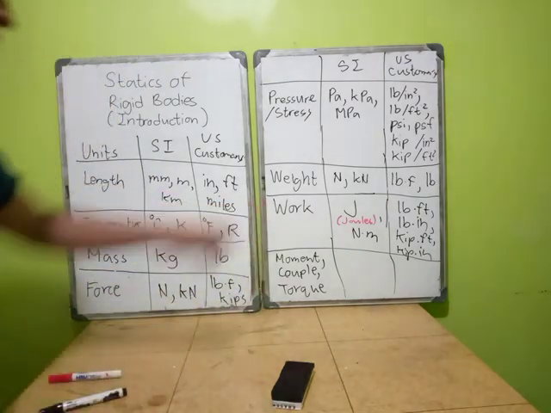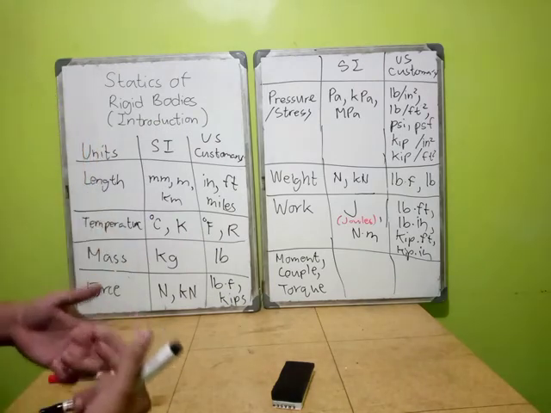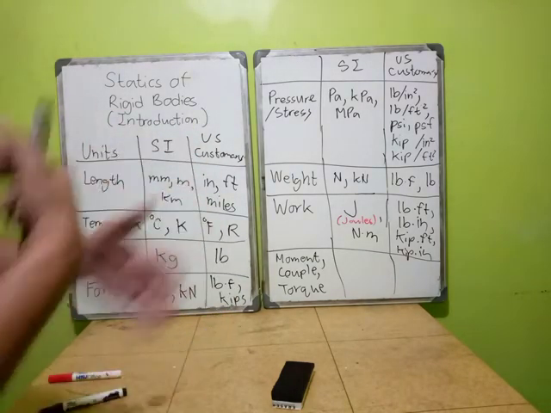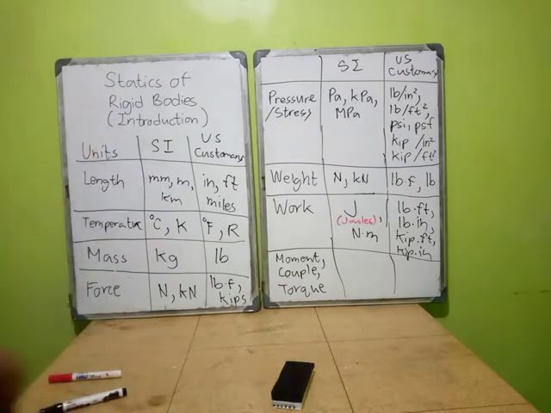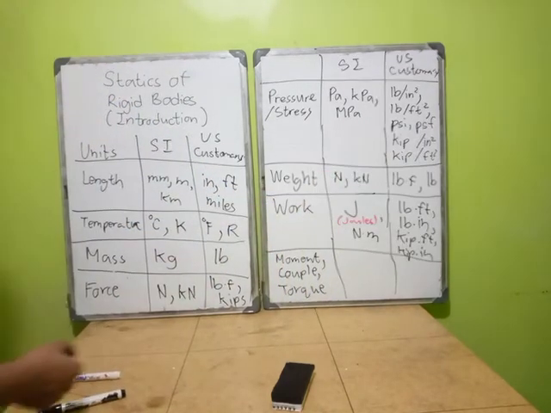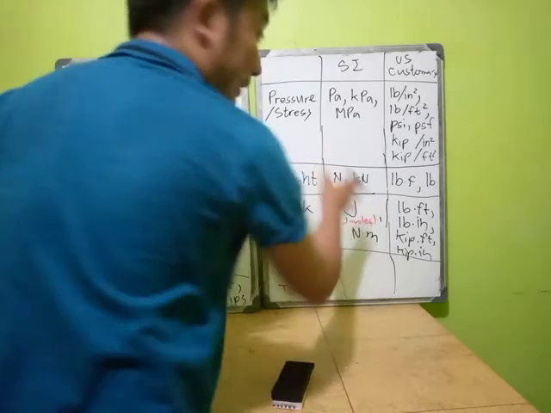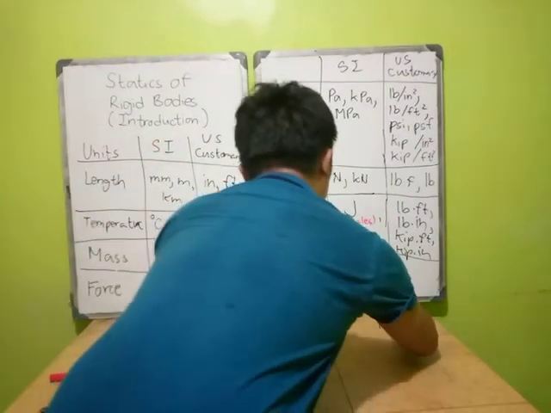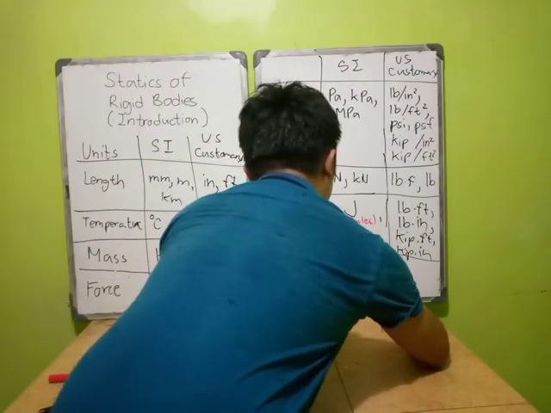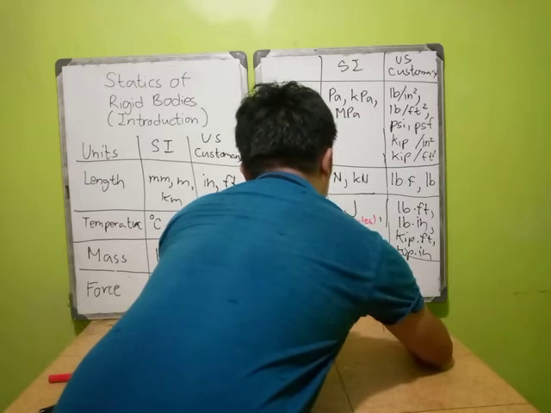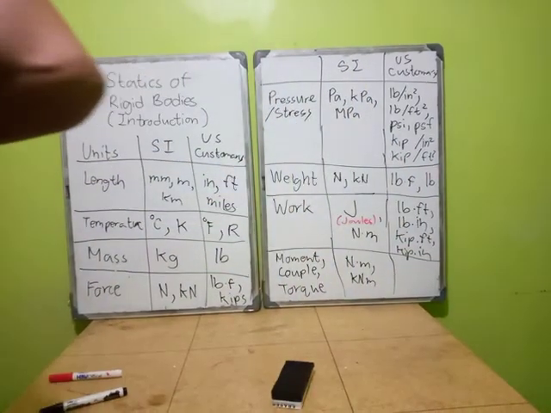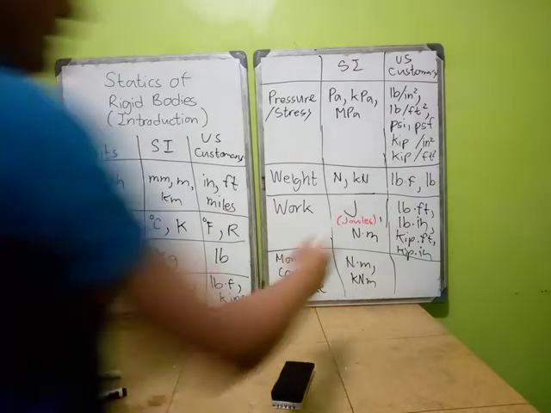Okay? So these three terms we will be discussed as we go on with our subject matter. But somehow, please take note, pareho sila nito. Kaya lang, hindi mo pwedeng gamitin yung joules. You can use only Newton meter or kilonewton meter. Okay? So, for US customary, the same as this.